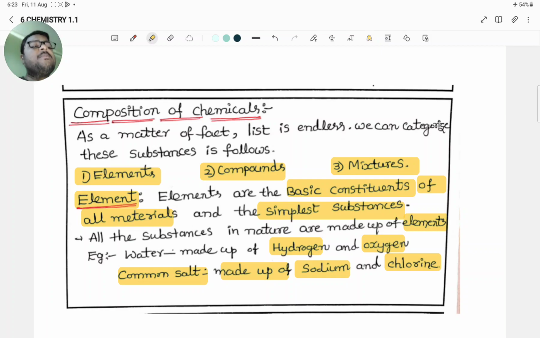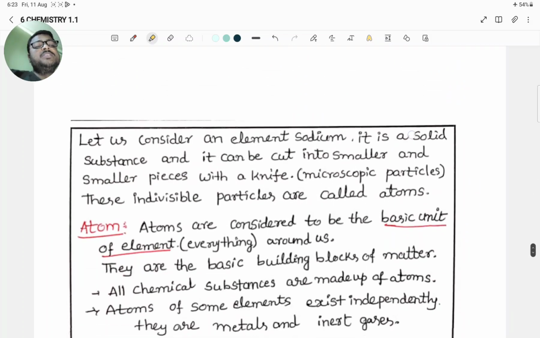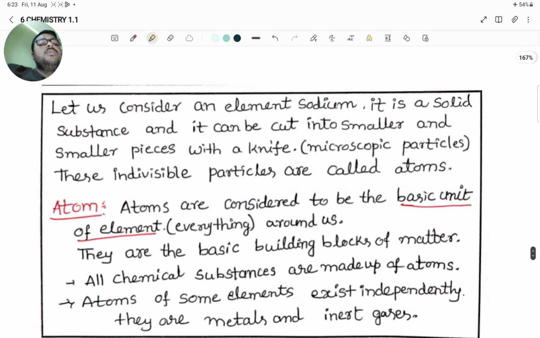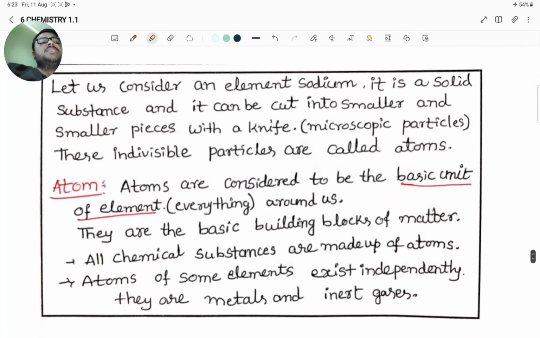Elements are the basic constituents of all materials and the simplest substances. For example, let us consider the element sodium. It is a solid substance and it can be cut into smaller and smaller pieces.